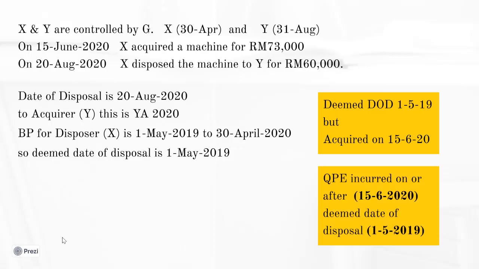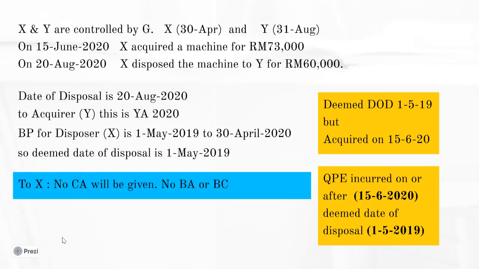See, the QPE is incurred on or after. What was the date you incurred? 15th of June 2020. What is the deemed date of disposal? 1st of May 2019. And 15th of June 2020 is after 1st of May 2019. That's the special case that we say.